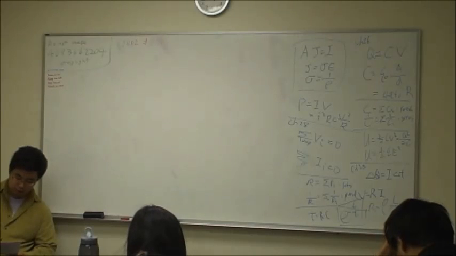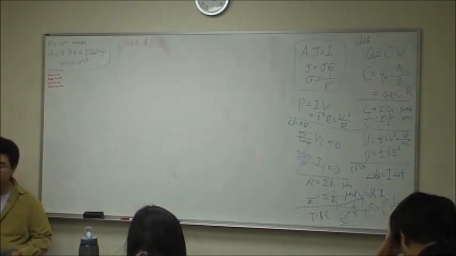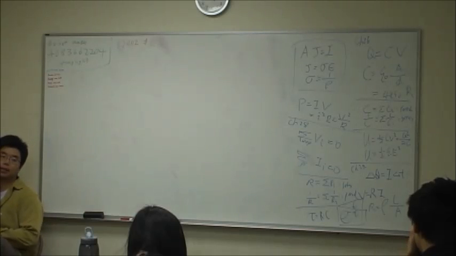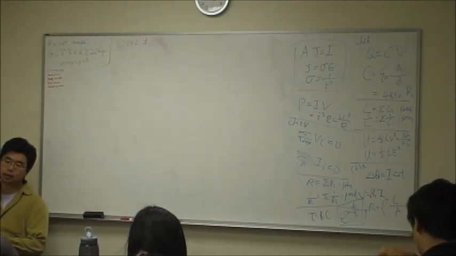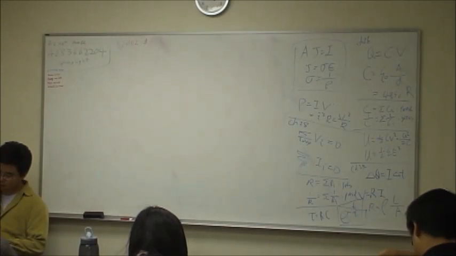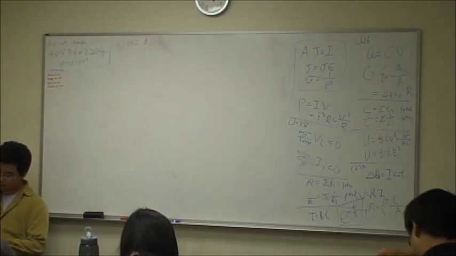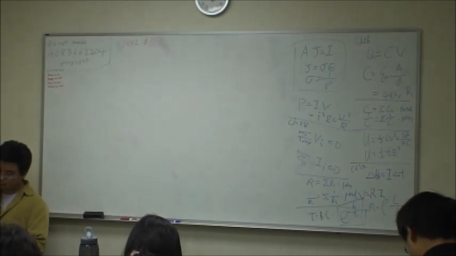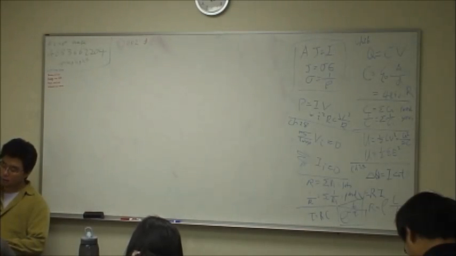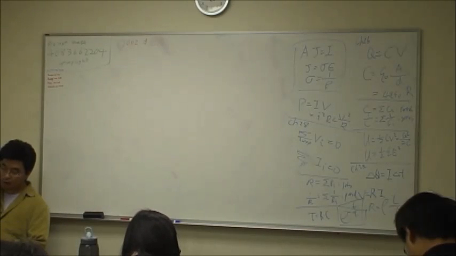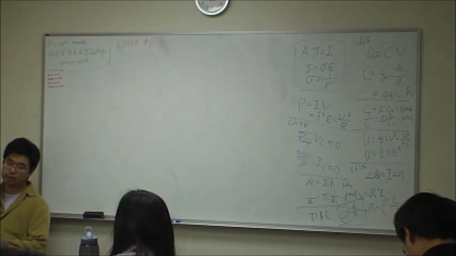No current goes through the ammeter means what? Current going from R2 and then to R4 is the same. Yes. Or the voltage on the left and right of the ammeter should be the same.